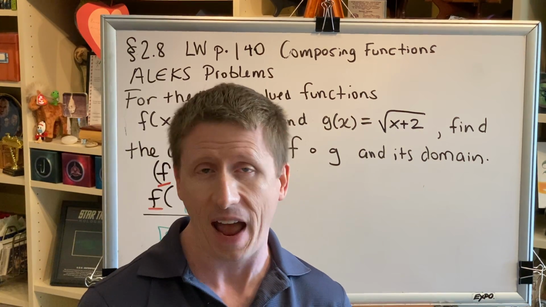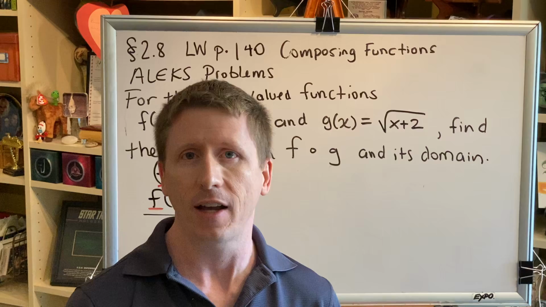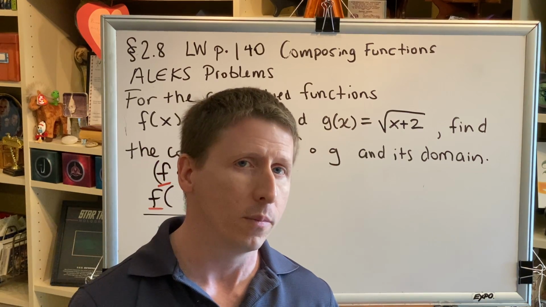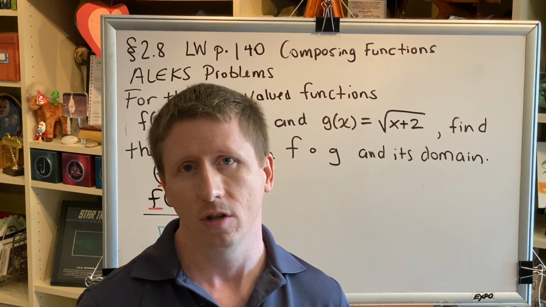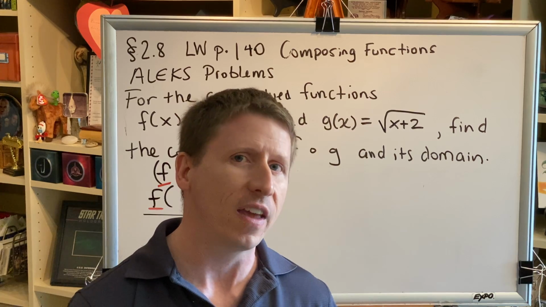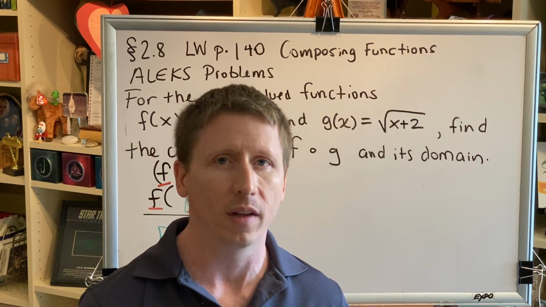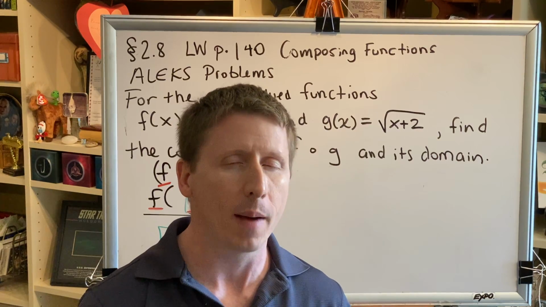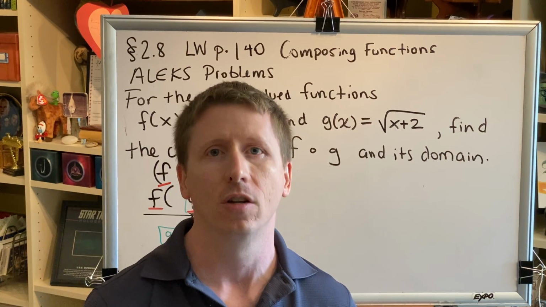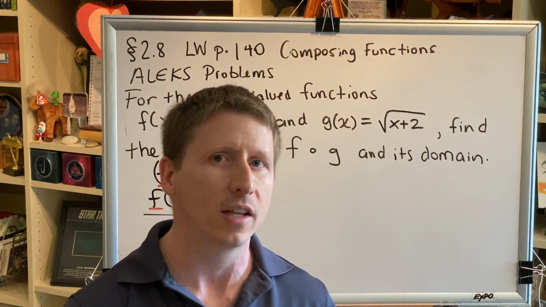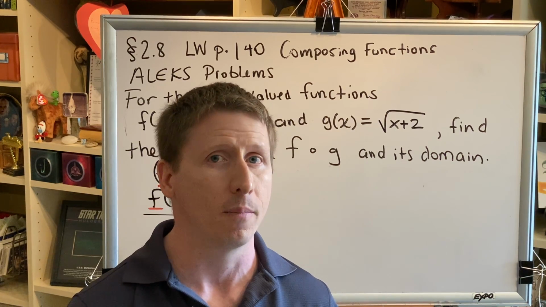X plus 5 has no even index radicals, no logarithms, no denominators. Therefore, if we looked just at the x plus 5, we would conclude that the domain is all real numbers. But for this problem, the domain is not all real numbers. And that's why it's so important to stop at the correct time.